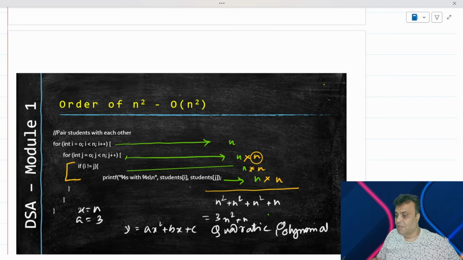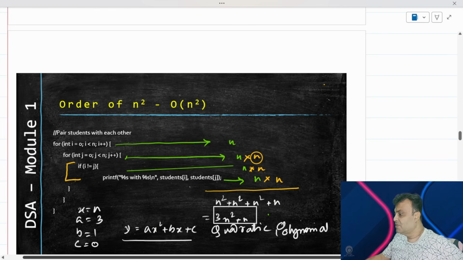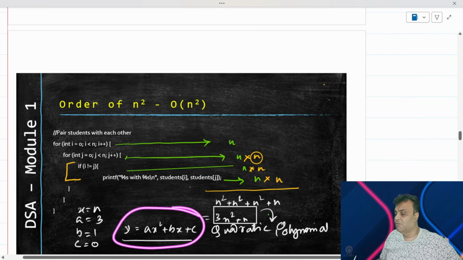And what is b? b is equal to 1, because you don't have anything with n. What is c? c is equal to 0. So that is how you have defined y equal to ax square plus bx plus c as 3n square plus n. So this 3n square plus n represents a quadratic polynomial in the same universal format as y equal to ax square plus bx plus c.